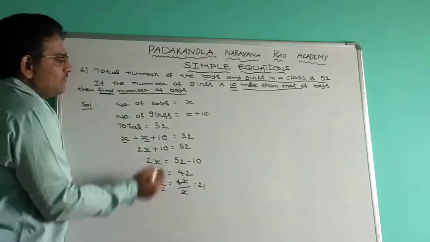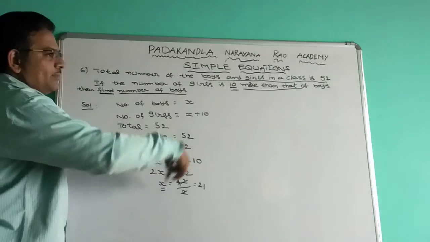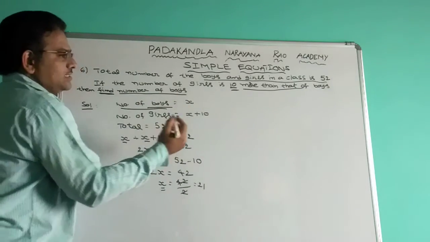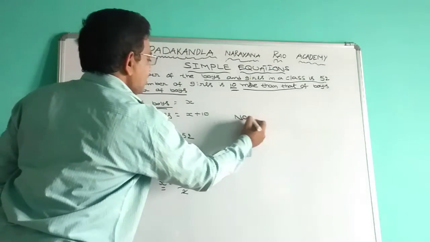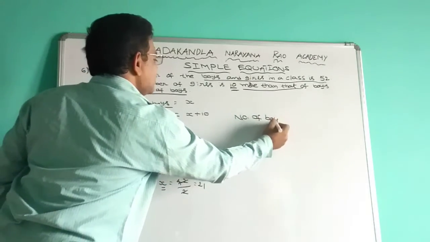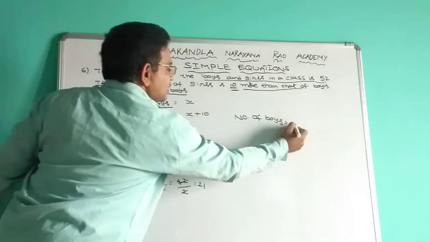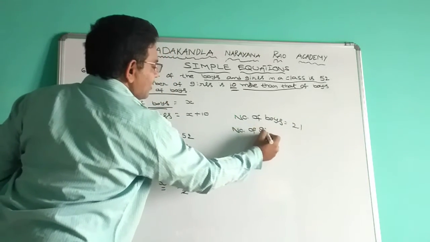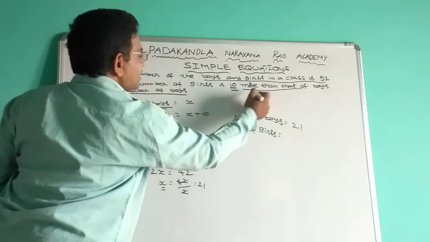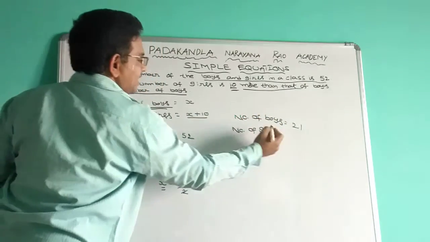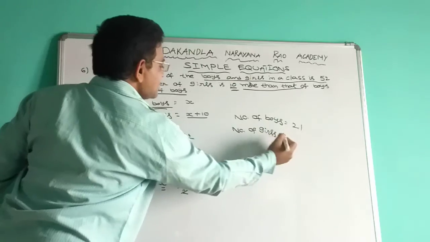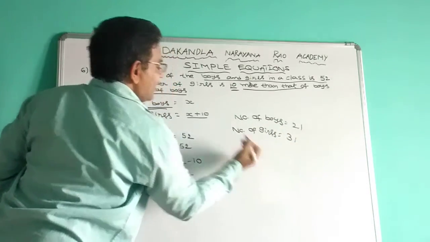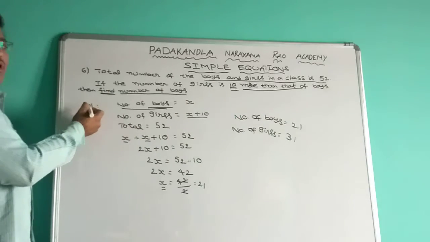Here x means, going back to the problem, the number of boys. So the number of boys is 21. Automatically the number of girls is 10 more than the boys, x + 10. That means 21 + 10, which is 31. Now see one more problem.